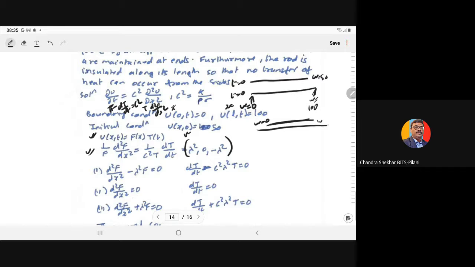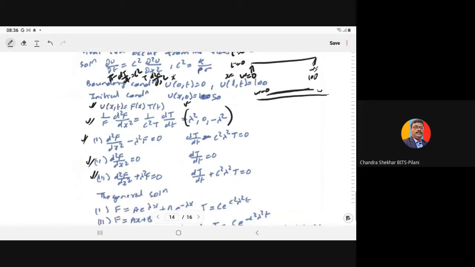So we have the following three cases: del 2 F upon del x2 minus lambda square F equal to 0, dT by dt minus c square lambda square T equal to 0; d2 F upon dx2 equal to 0, dT by dt equal to 0; and d2 F upon dx2 plus lambda square F equal to 0, and dT by dt plus c square lambda square T equal to 0.